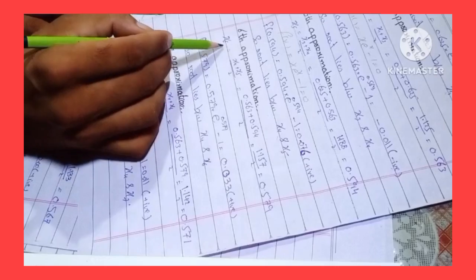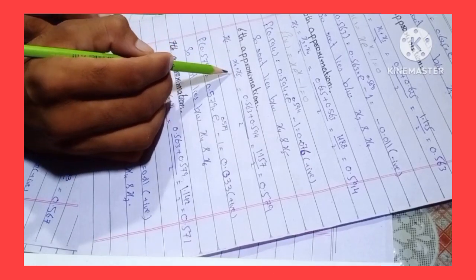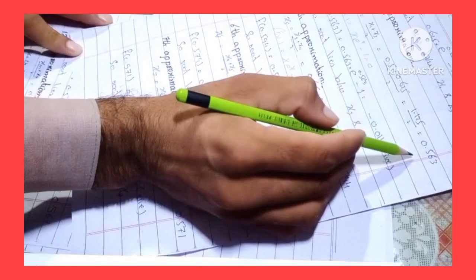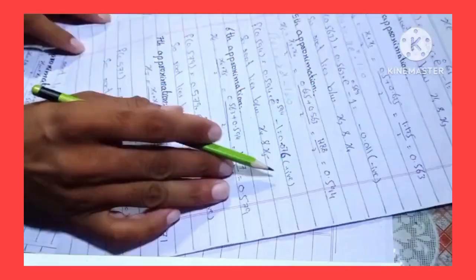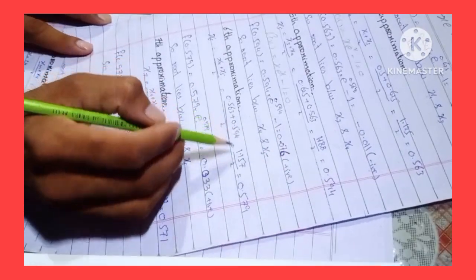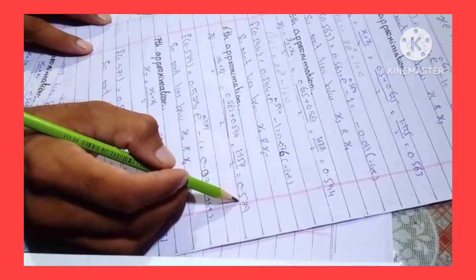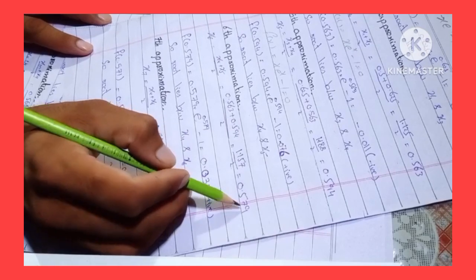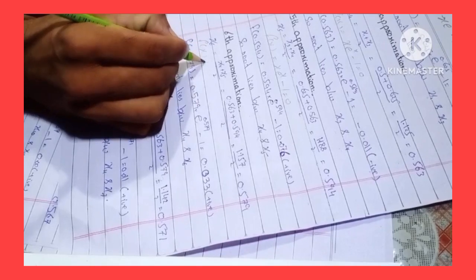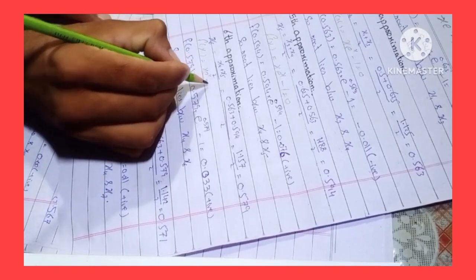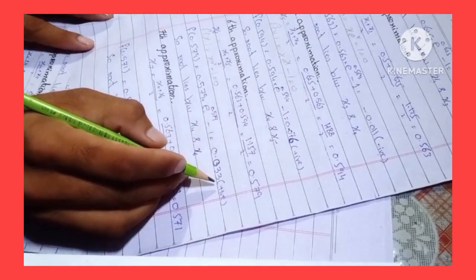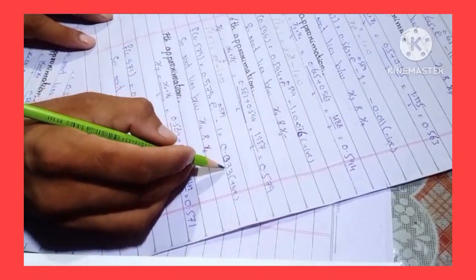The sixth approximation is x6 = (x4 + x5) / 2. Putting the values of x4 as 0.563 and x5 as 0.594 and dividing by 2, the answer is 0.579. This value of x6 is put into f(x) = x e^x - 1 = 0, and using the calculator we get the final answer 0.033.